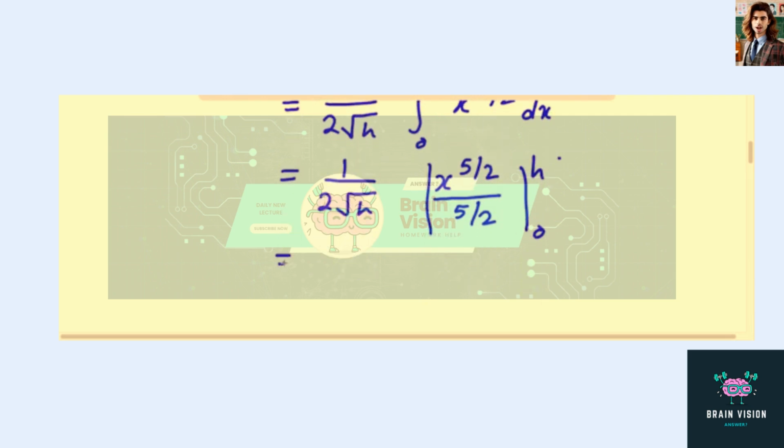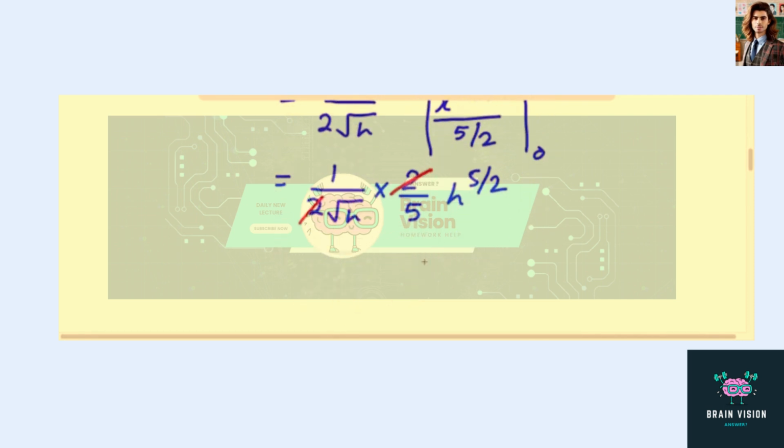So it will be 1 upon 2 root h into 2 by 5 and h power 5 by 2, and it is h power 1 by 2. 5 by 2 minus 1 by 2 gives h square, and this 2 to 2 cancel, so it will be 1 by 5 h square, that is, the mean of x square is equal to 1 by 5 h square.